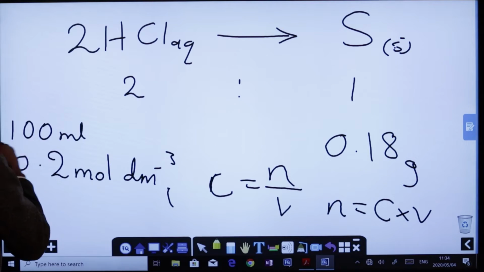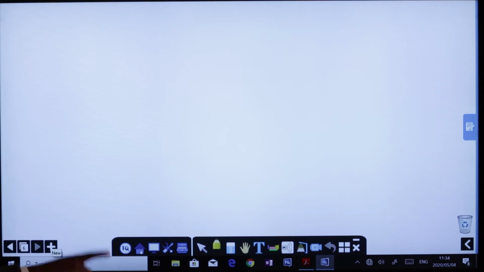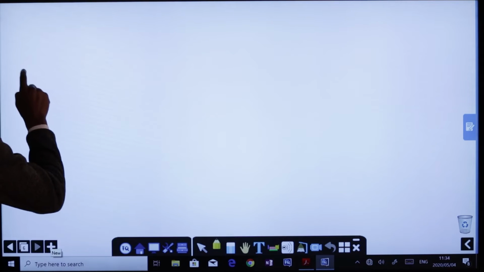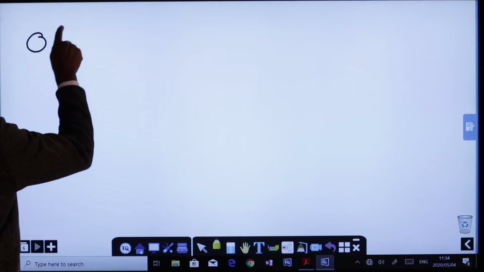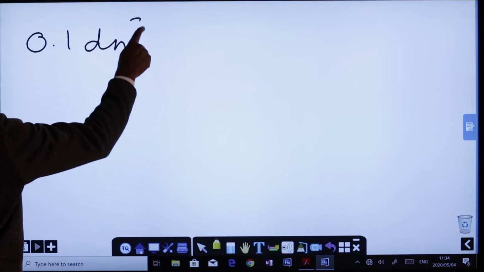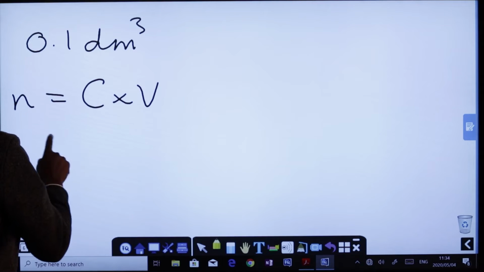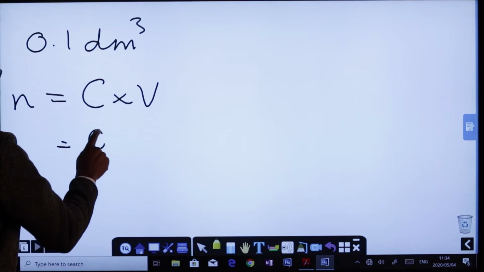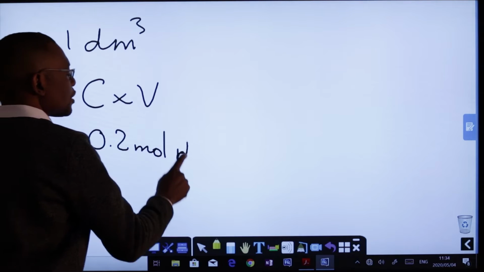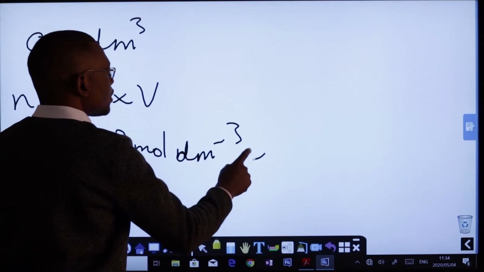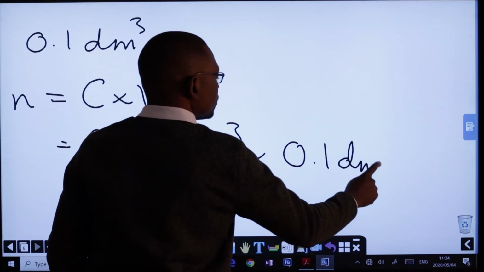So if we change 100 mils to dm cubed or liters, it's going to give us 0.1 dm cubed. So if we say number of moles is equal to concentration times volume, it's going to be 0.2 moles per dm cubed times the volume, which is 0.1 dm cubed.